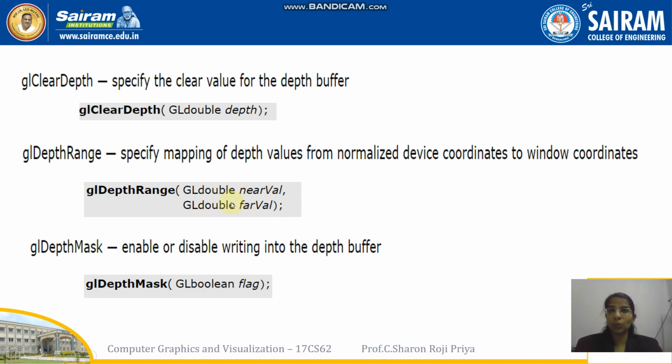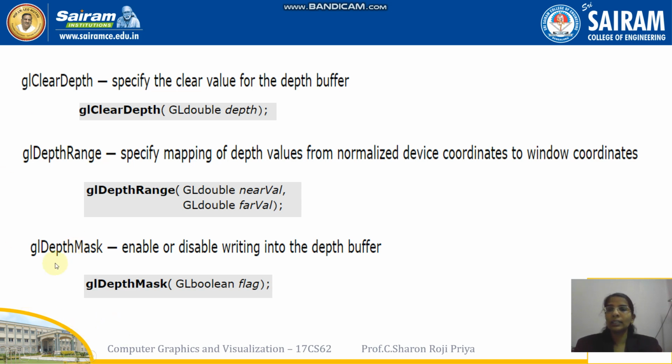Because the normalized coordinates should be in this range 0 to 1. If you want to change this default value, you can use this glDepthRange function. But the value you are specifying should be within the normalized coordinate range, that is, between 0 and 1.